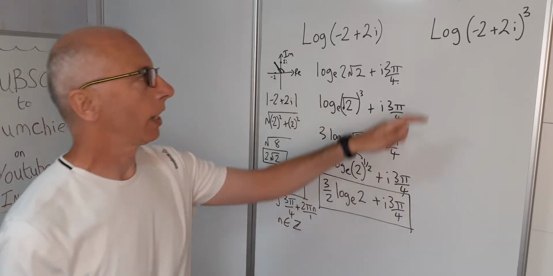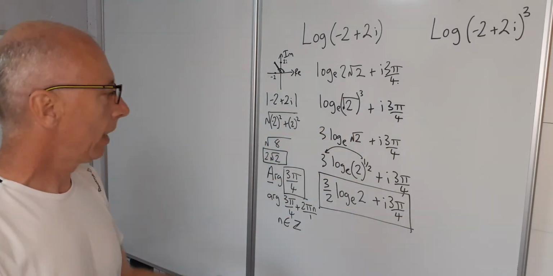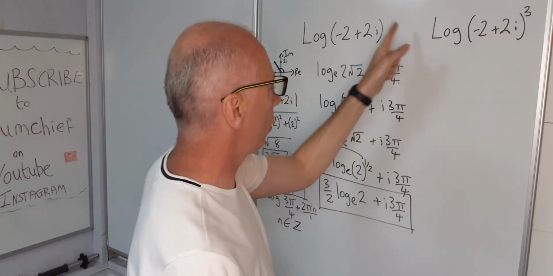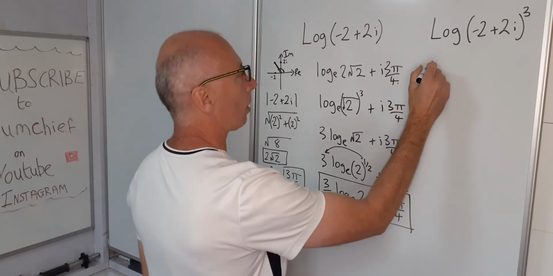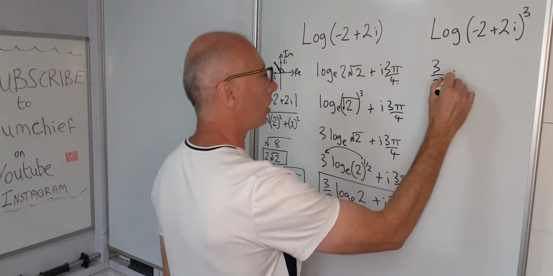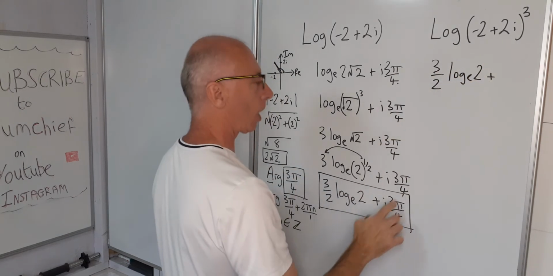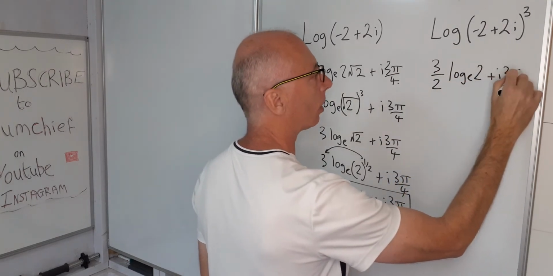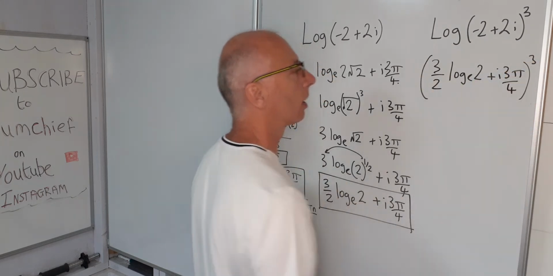Now the question was at the end, log of minus 2 plus 2i cubed. Now we can bring the 3 out front, that's fine. So if we put 3 over 2 log base e of 2 plus I 3 pi over 4, and then raise that to the power of 3.